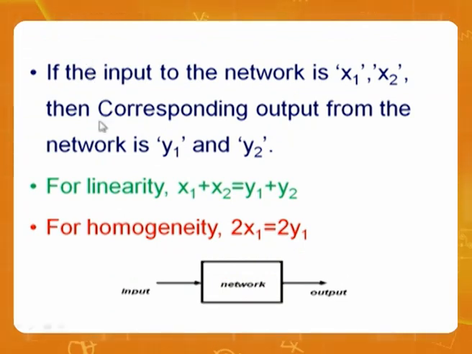Look here. If the input to the network is x1 and x2, then the corresponding output from the network is y1, y2. If both inputs are added, both outputs are added. That's called additivity. If 2x1 gives 2y1, it's homogeneity. Once a student came to me and said he wants to write this 2x1 as x1 plus x1 and 2y1 as y1 plus y1, and he wanted to argue with me that it is linear.